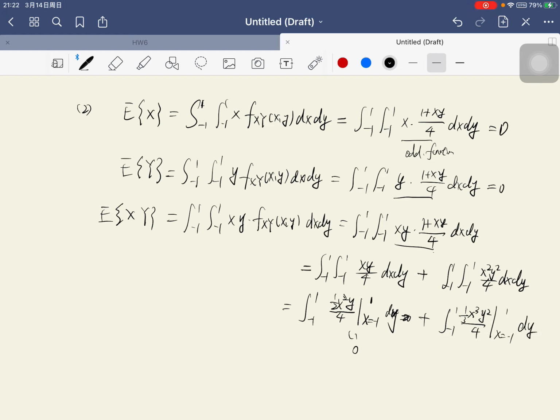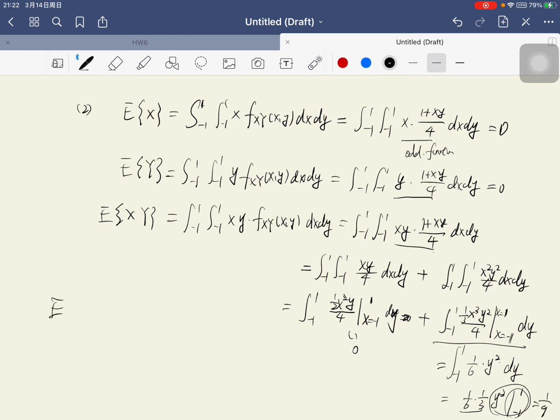To compute this, y goes from -1 to 1, and the x integral gives 2, so it is equal to 1/6 times the integral from -1 to 1 of y to the power of 2 dy. This is equal to 1/6 times 1/3 y to the power of 3 from -1 to 1, which is 2, and it is equal to 1/9.